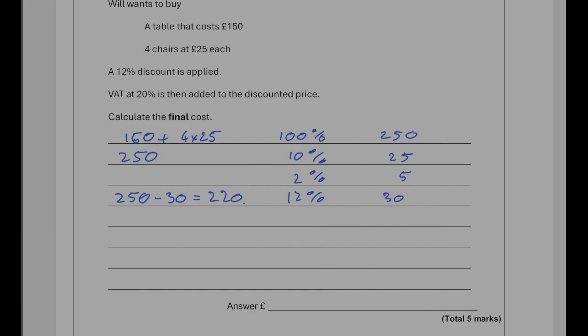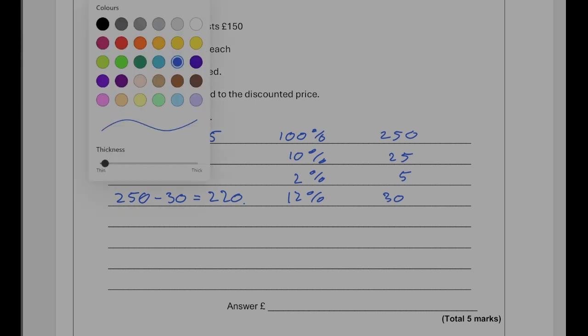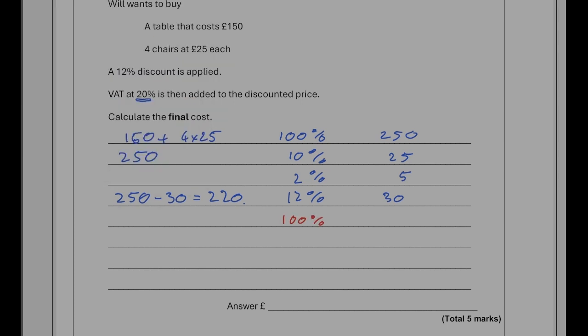Right, now I'm going to add on 20%. Again, if I use a similar method, the full price that I want to add 20% to is 220. So 10% is going to be equal to 22.